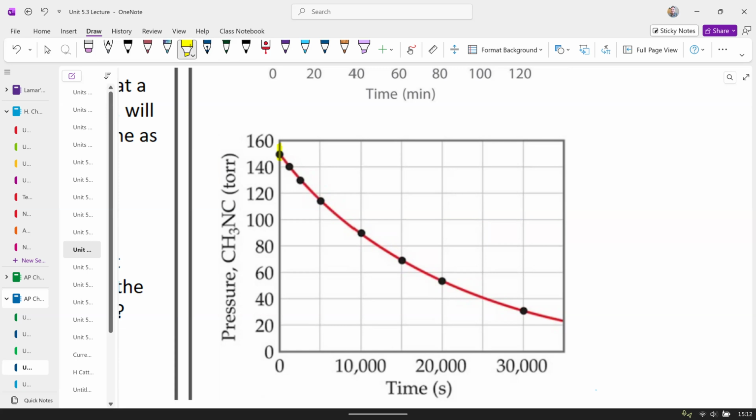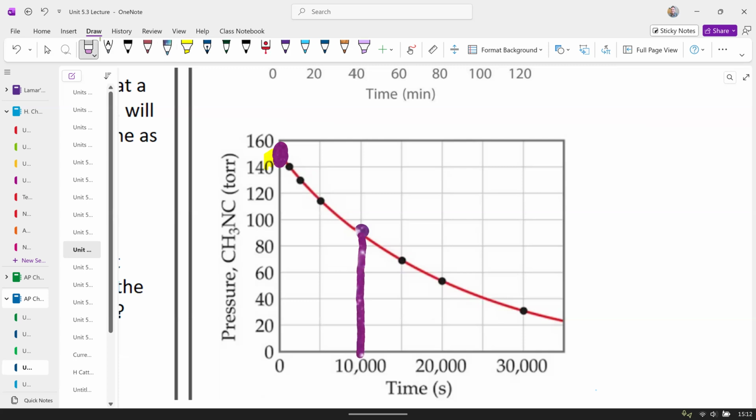There you go, that big dot. And we want to go to what value? 75. That's good. And so there's the 75. And then how long did that take to get there?